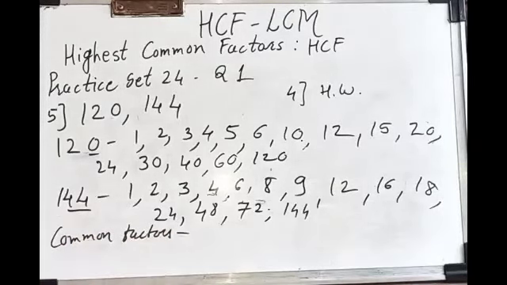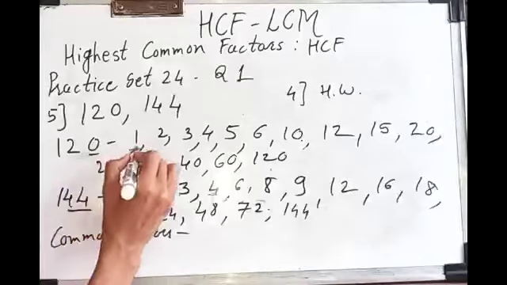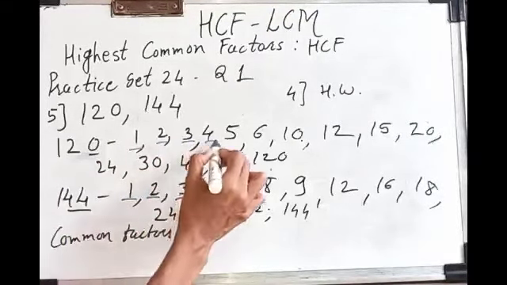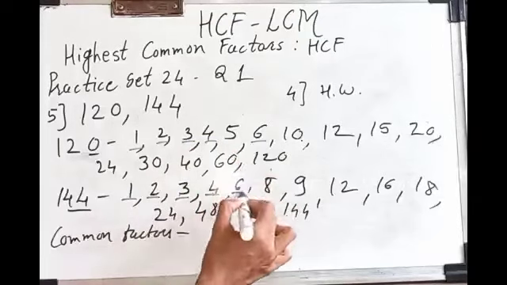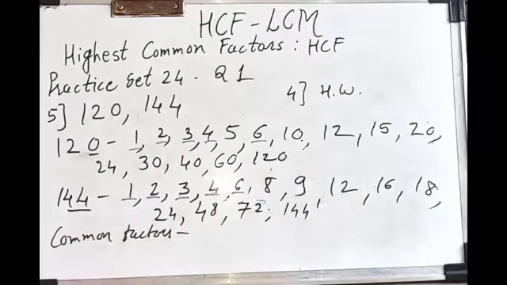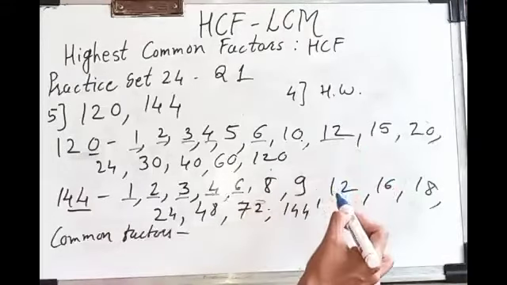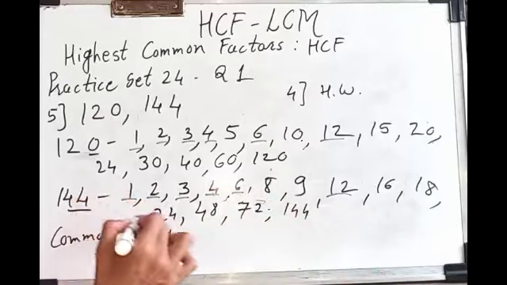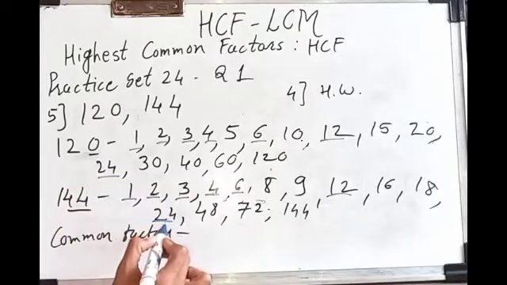See, let us find the common factors. 1, 2, 3, 4, 6, then 8, 10, 12. Okay, then 15 is not there, 20 is not there. 24, yes, 24.